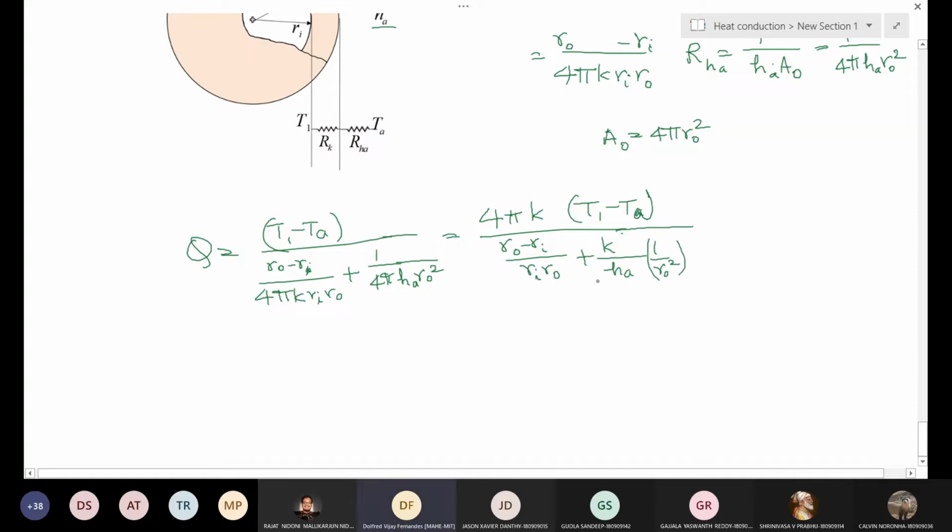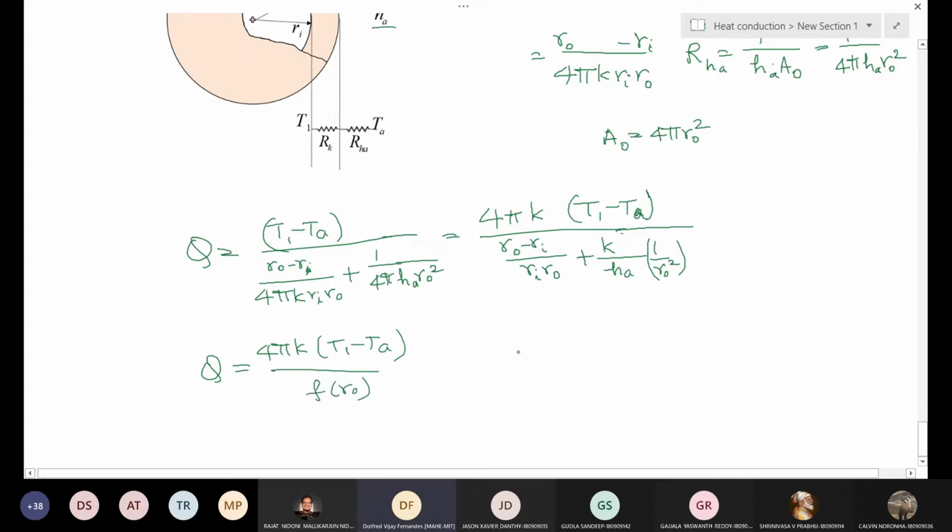So again we got another function. We can write Q as 4 pi K into (T1 minus T_A) divided by some function of R0.